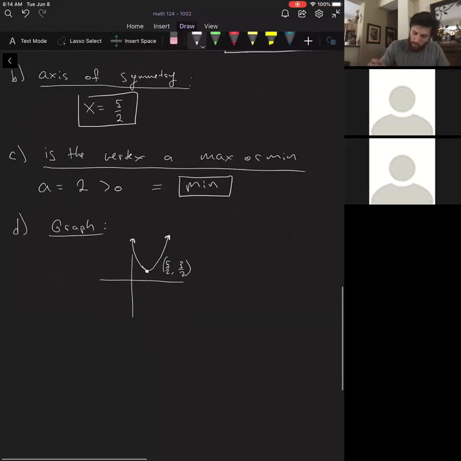And so the last thing that we can talk about maybe is intervals where f is increasing and decreasing.